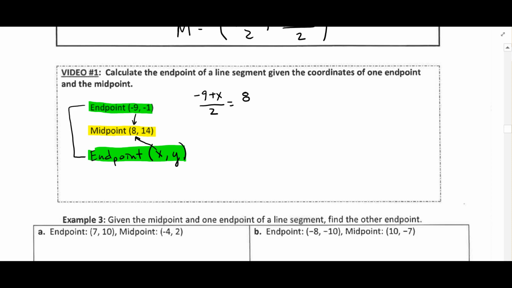And the way that I like to solve this is with cross multiplication. So I'm going to put this over 1. So I have a fraction on both sides, and then I'm going to multiply this way. So 1 times (-9 + x), since 1 times anything is just whatever you're multiplying by, so -9 + x, equals 2 times 8, so that's 16.